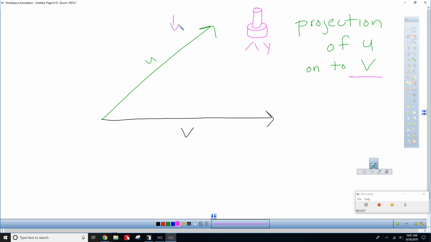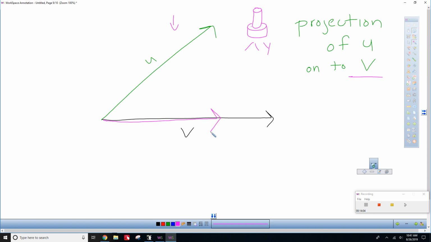Then you would end up projecting onto V like that far. Could you imagine that? What we're really doing is figuring out how much of the U component is going in the V direction. And if you can think about motion, that's going to be really important, because we want to take these into components. If you've ever drawn a free body diagram, that's what you're doing.